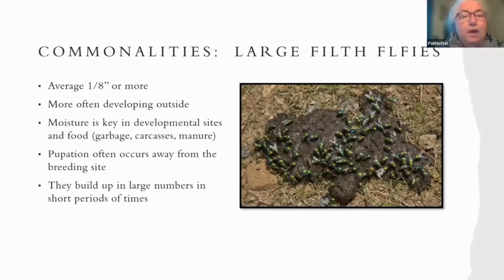All right, so then contrasting that with our large filth flies. So here we're talking average 1/8 of an inch or more. Although we'll have often with the small flies populations, I mentioned they could come in from the outside, right? We often have developmental sites also inside, greater potential for that with the small flies.